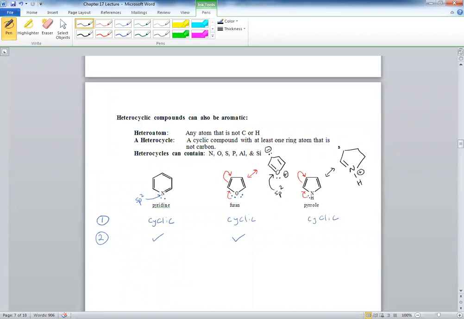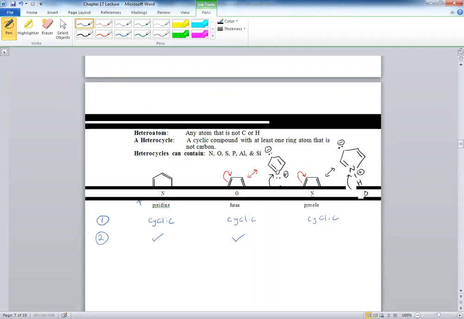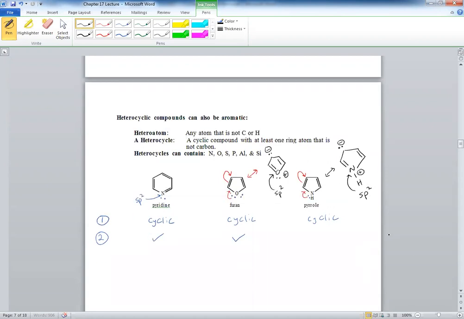So that would be right there. So once again, this is also sp2 hybridized. So again, the rule is if you have sp2 hybridized, then you have a p orbital on that atom, and therefore you have a p overlap. Third, are they planar? Yes, they're six-membered rings or less, so they should be planar.